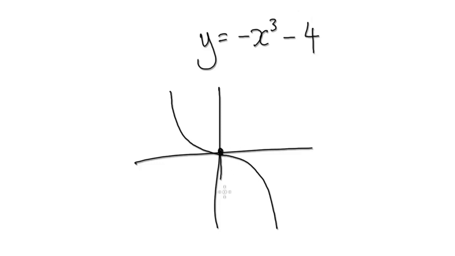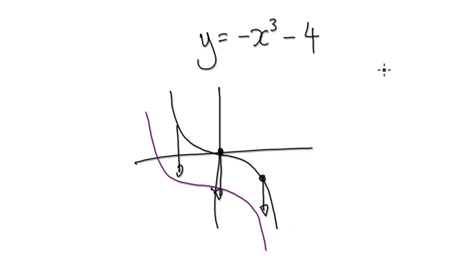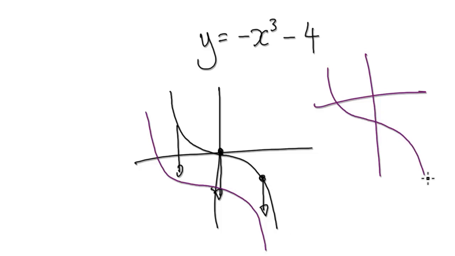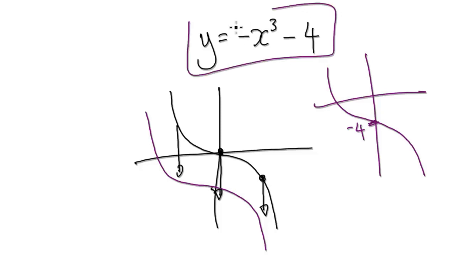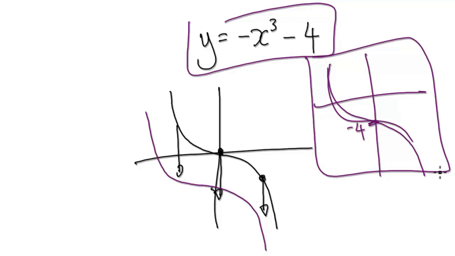So move this origin down by 4, move this bit down by 4, move this bit down by 4. So overall your final answer will look something like this. And then label this as negative 4. So this equation here will give you this graph.